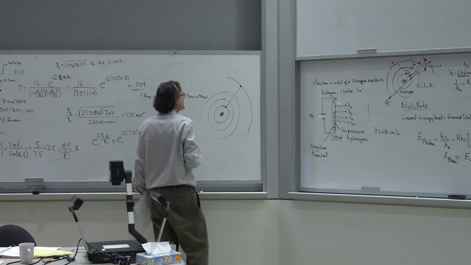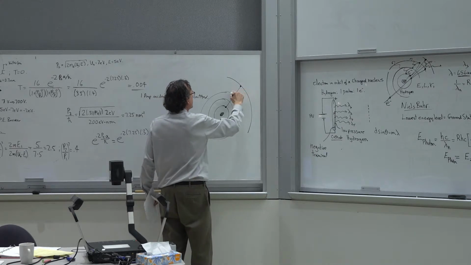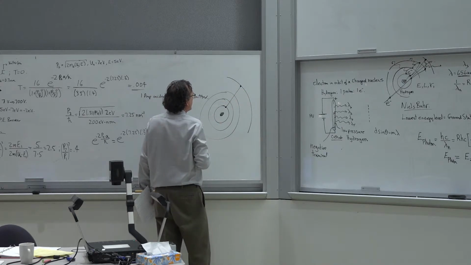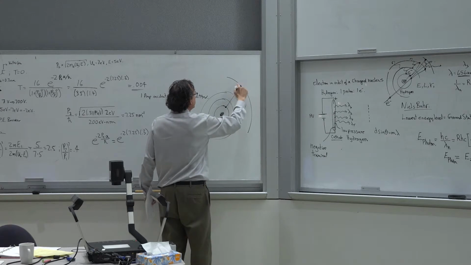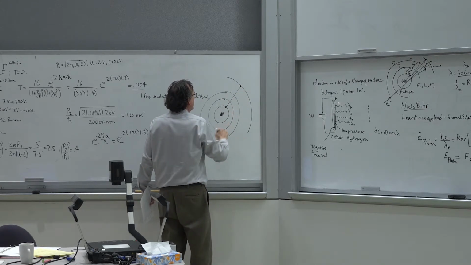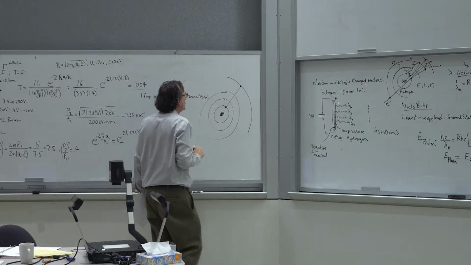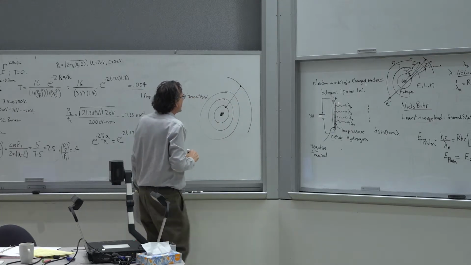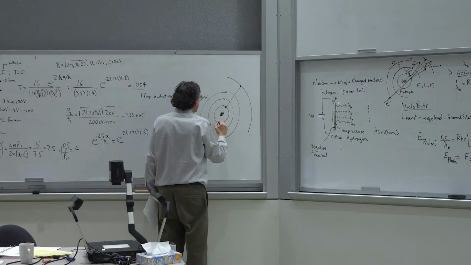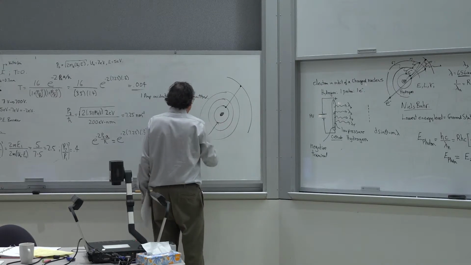And there are multiple paths. It can go from here to here, or it can go from here to here to here. There are multiple steps in which it can come back down to the ground state. So this is of course what we call the ground state.